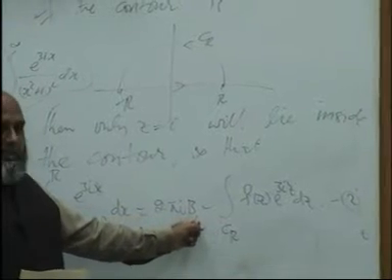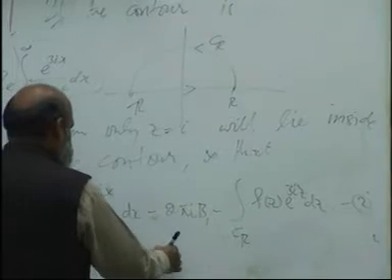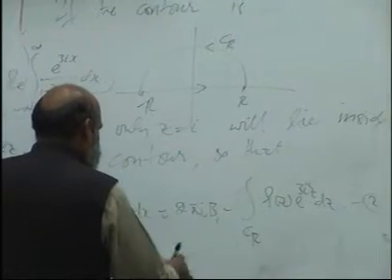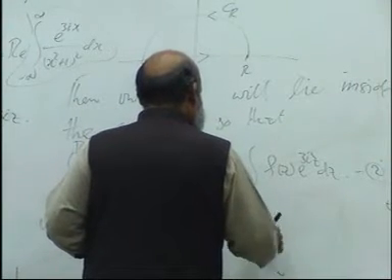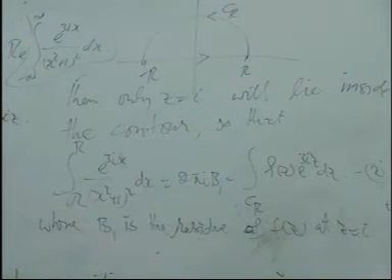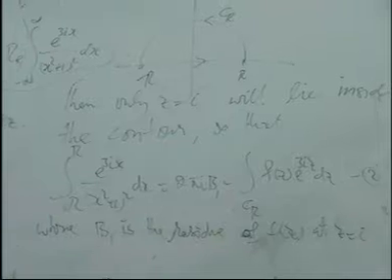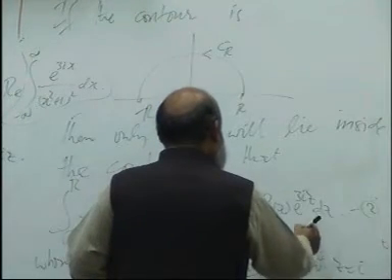After b1: b1 is the residue of f of z at z is equal to iota, along with exponential 3 iota z, the whole function.